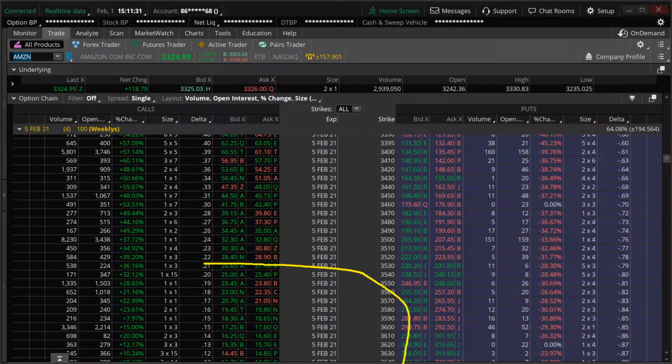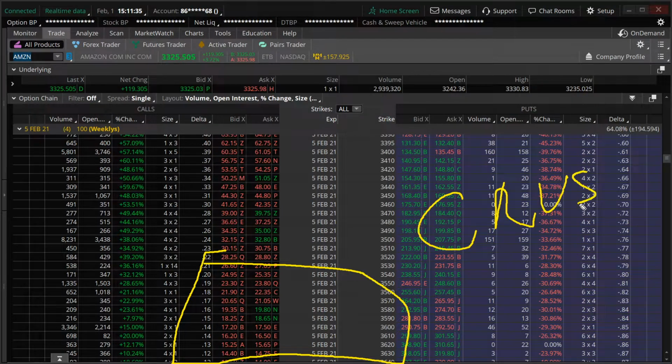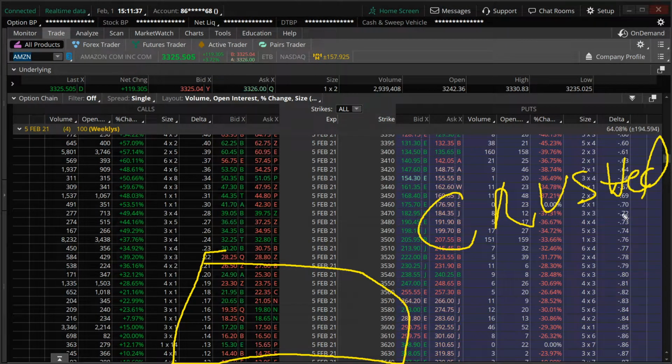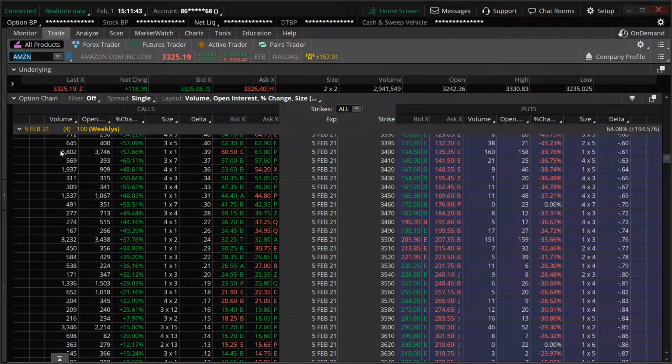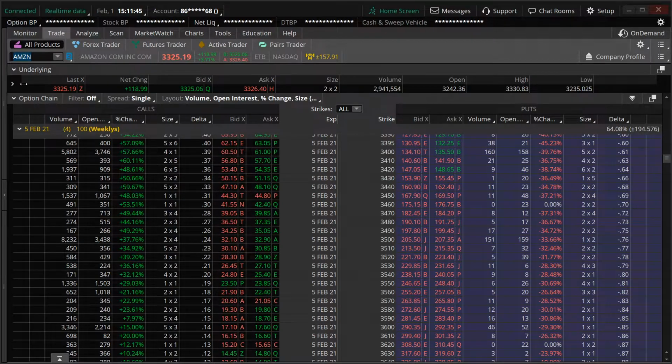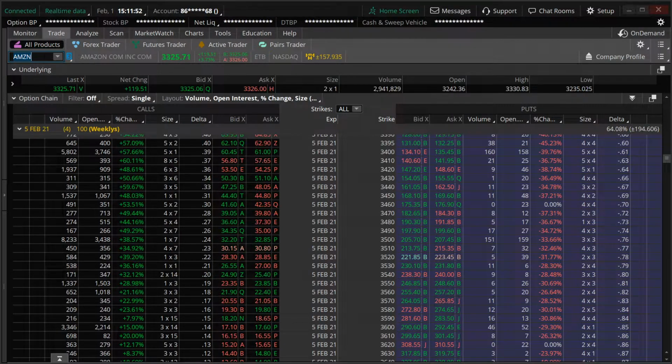These far out the money options are going to get crushed because the stock did not move that high, and implied volatility will go lower. Oftentimes, you'll have strategies like selling bull put credit spreads, selling call spreads, selling iron condors on earnings because of that implied volatility getting crushed.